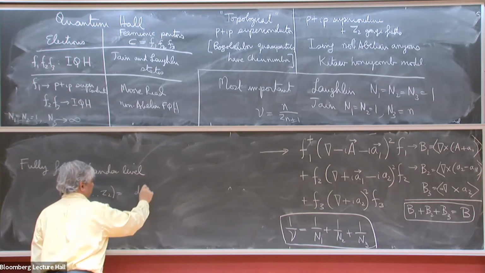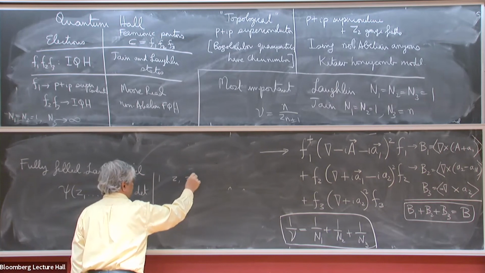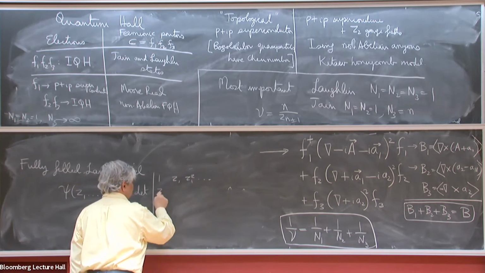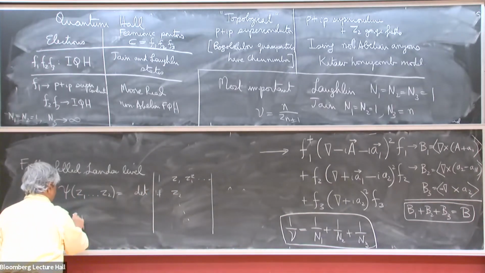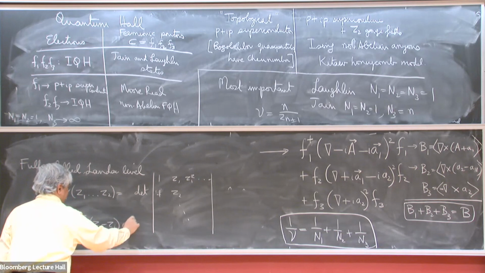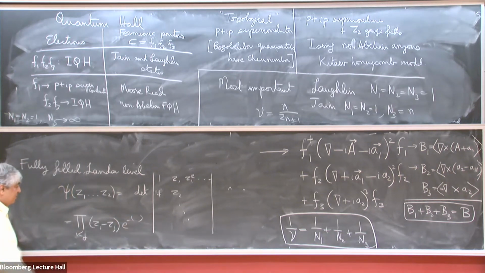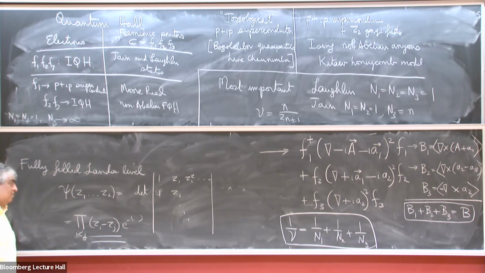This is the determinant of 1, Z1, Z1 squared, and so on, which is just the product over i less than j of Zi minus Zj, and some exponential factor I won't worry about. So this is a fully filled Landau level, Zi minus Zj to the power 1.